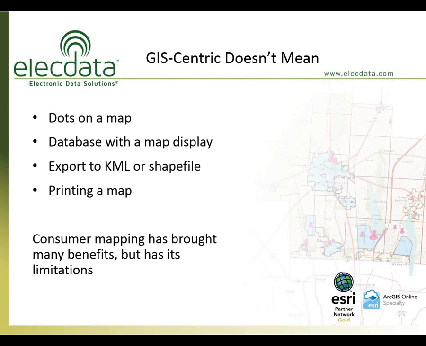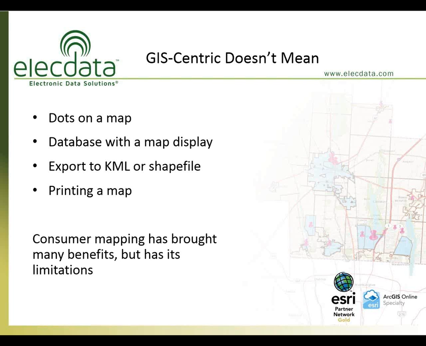I want to be careful about how I put this, though, because all of us have used consumer mapping tools that let us do these things, and it's not unimportant. Consumer mapping has put a lot of pressure on GIS companies like Esri, I think, to be more user-friendly. If there's one thing that GIS has typically not been in the past, it was user-friendly.